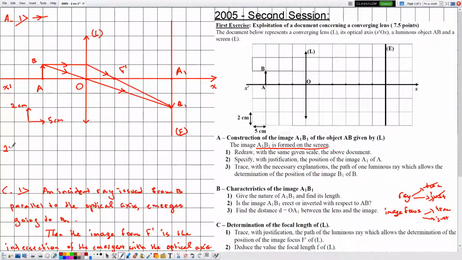which is given by the focal length is the distance from the optical center to the image focus.